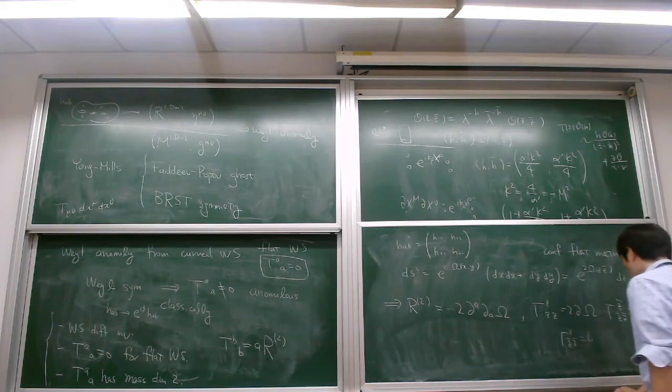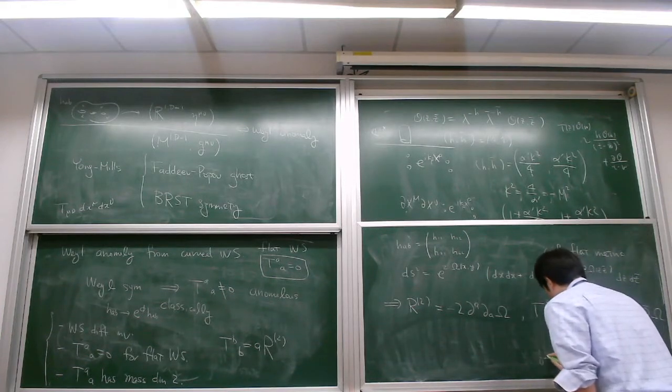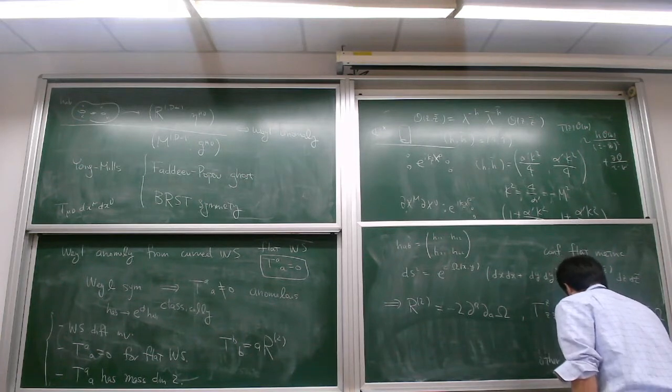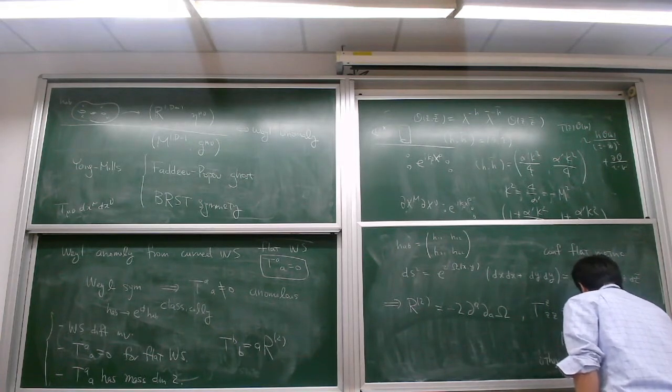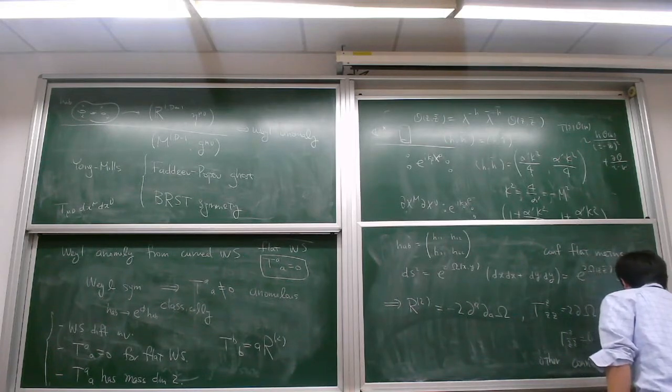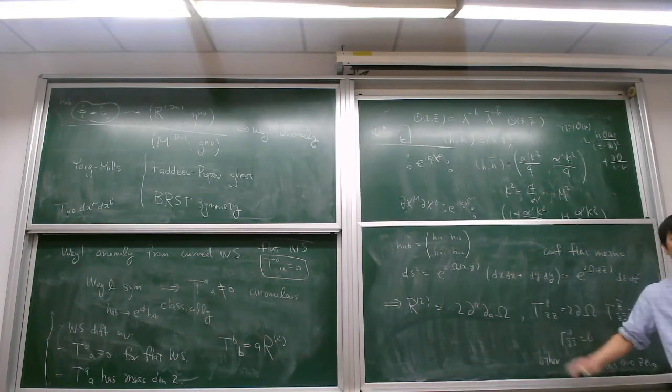Other connections are zero. So this can be computed using the usual standard method of GR.